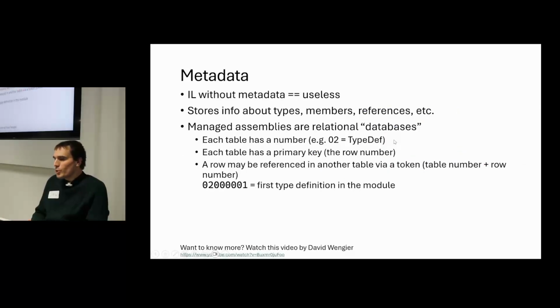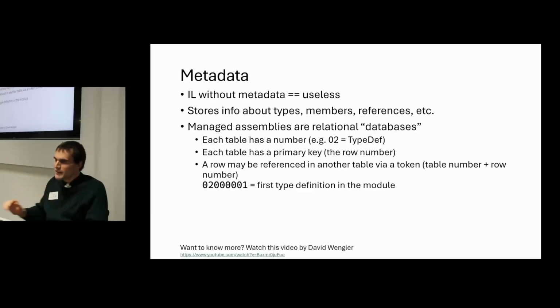Metadata is really important, because IL without metadata is useless, it's just bytes. So of course you can decode the bytes and see, okay, this byte means it's a call instruction, and by definition, a call instruction is followed by 4 bytes that contain the token for a method or a method specification.